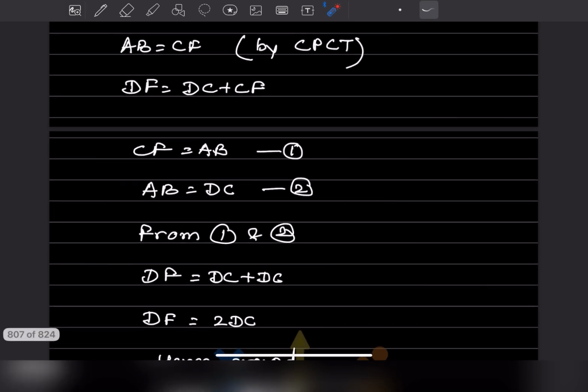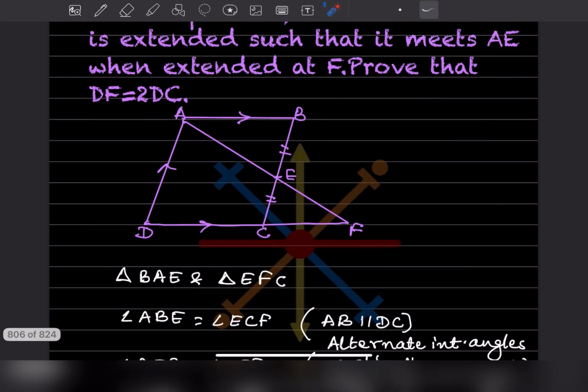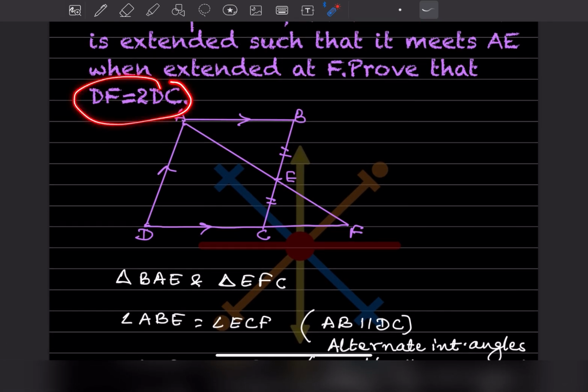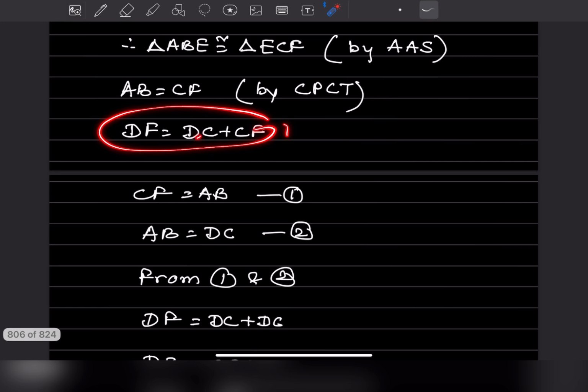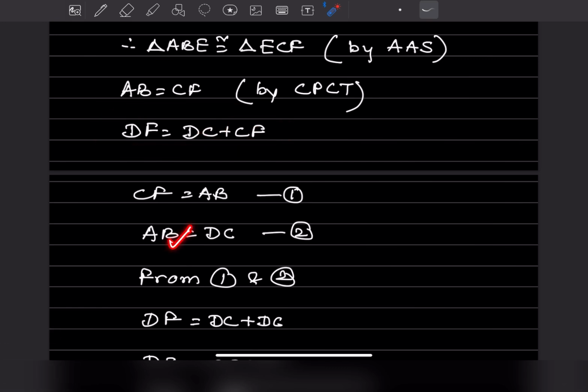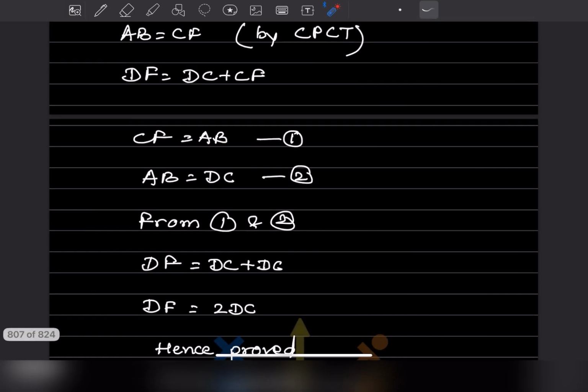In some cases they ask you to prove DF is equal to twice of AB. So I'll show you how to get twice of AB. We'll put in this equation AB in place of DC, and in place of CF also AB. Comparing these two equations, that will be twice AB. But here we want twice DC. So what are we going to do?